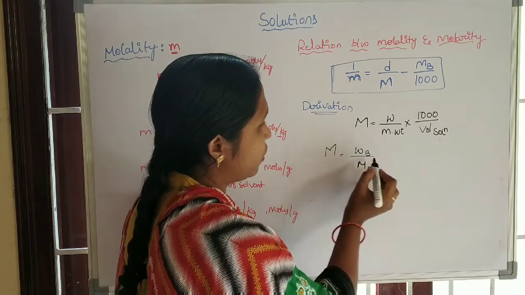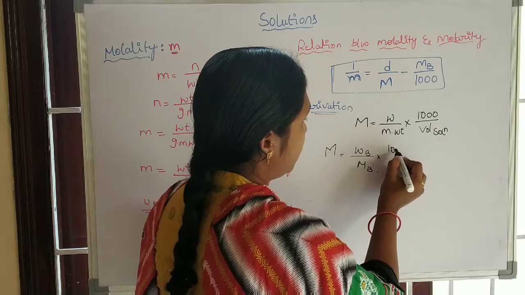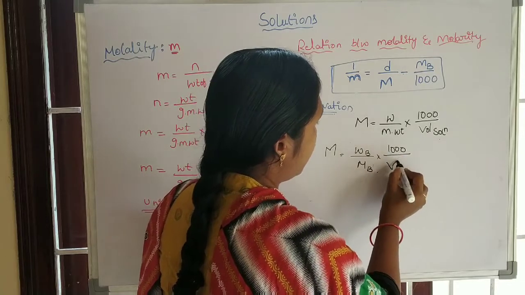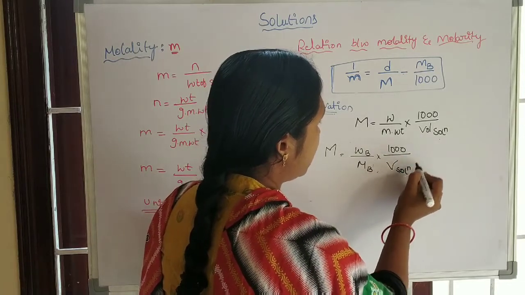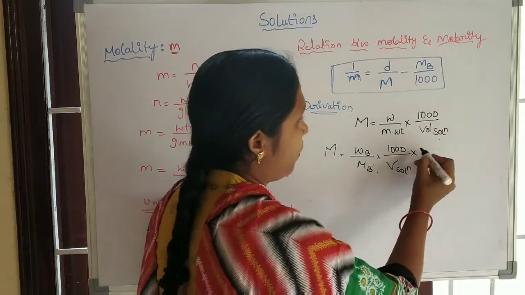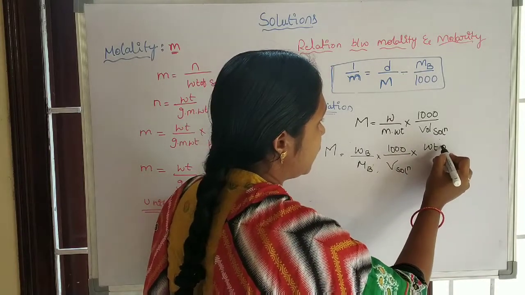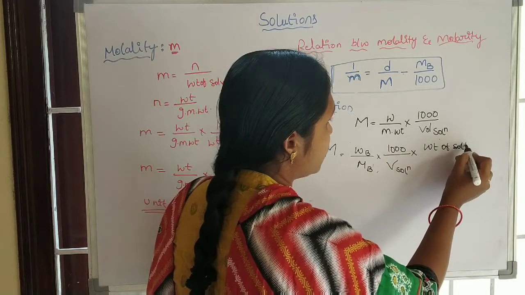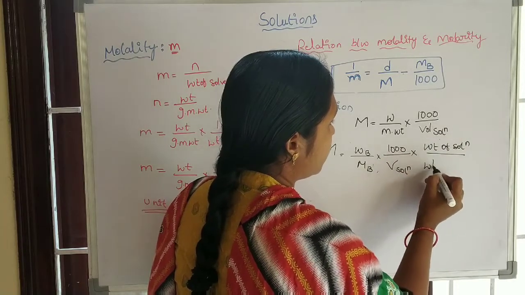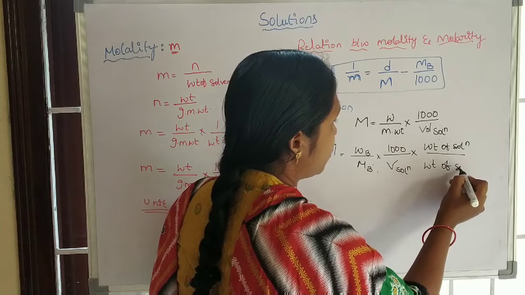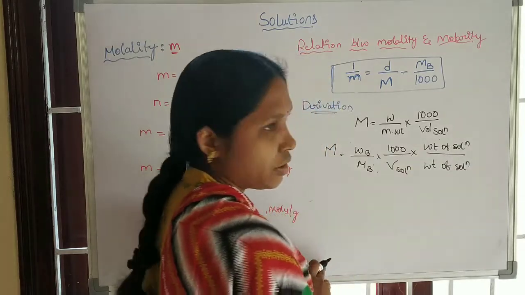This is the weight of solute into 1000 by volume of solution, multiplied and divided by weight of solution. There is no change in the equation.